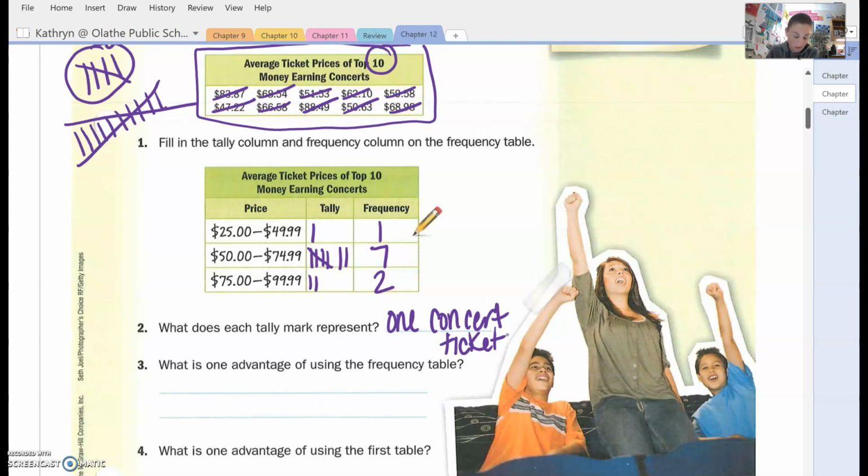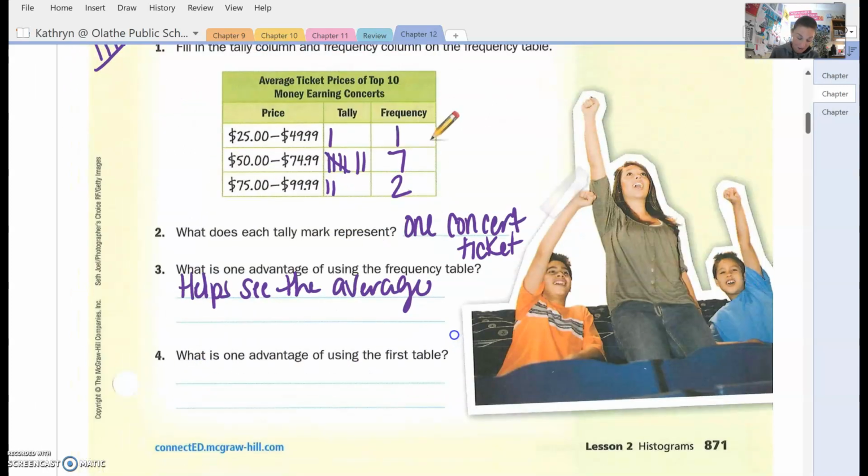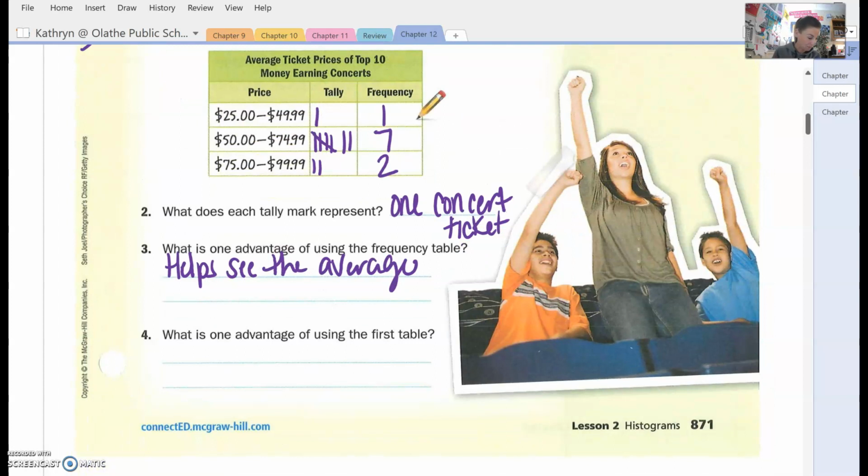What is one advantage of using a frequency table? Okay, well, as you can tell, we can kind of see what the average price is. Okay, helps see the average. And here we see that most of the tickets fall between $50 and $75. Okay, what is one advantage of using the table first?